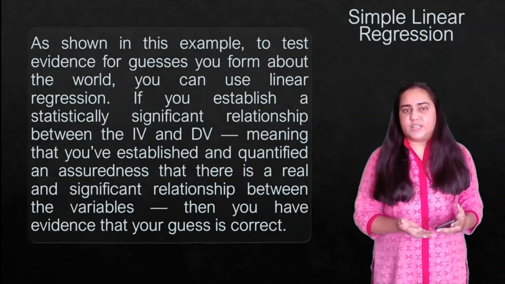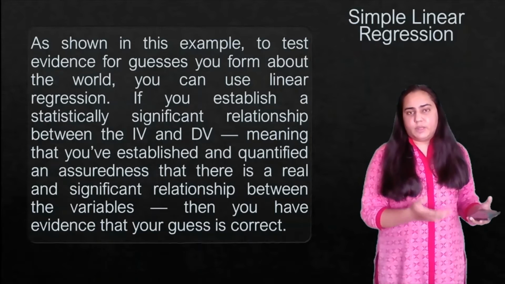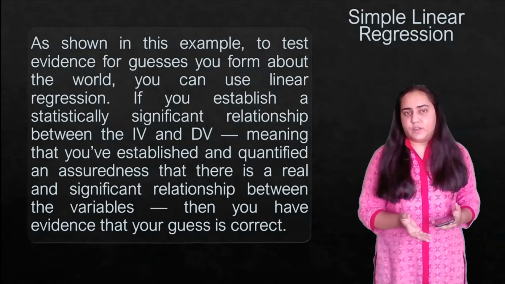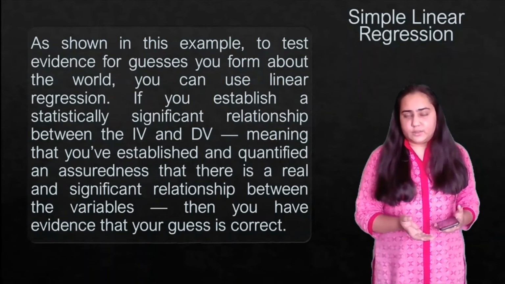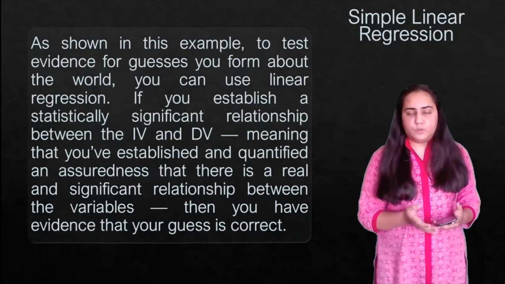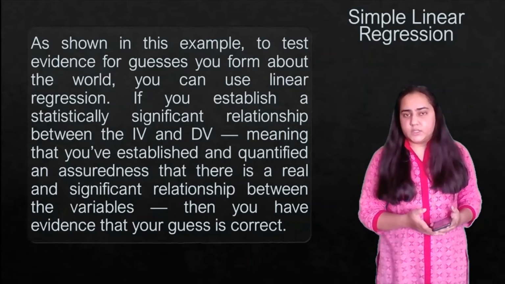And if you establish a statistically significant relationship between the independent variable and the dependent variable, meaning that you've established and quantified an assuredness that there is a real and significant relationship between the variables, then you have evidence that your guess is correct.